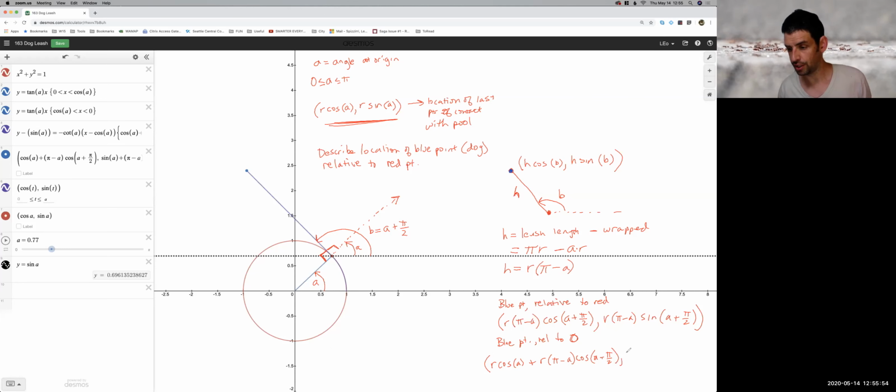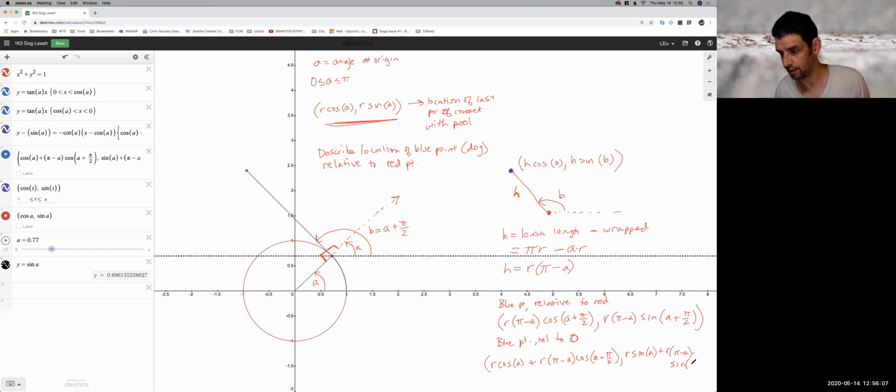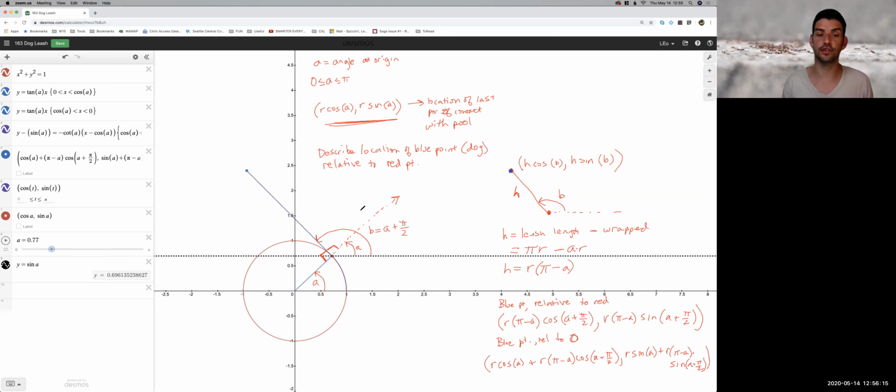And the y coordinate is r sine A plus r times (pi minus A) times, sorry about this, sine of A plus pi over 2. Okay, and that is our parameterization of the location of the blue point.